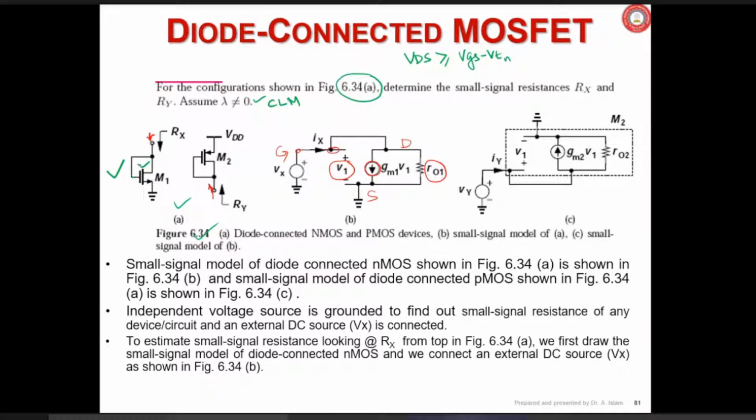Now in this case, what do you see? VGS and VDS are the same. Yes or no? So is this statement true or false? True for this MOSFET, figure A.